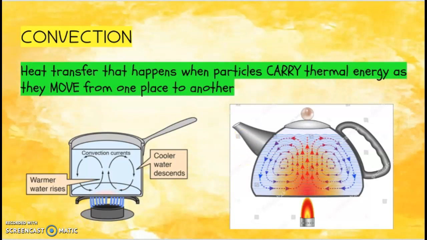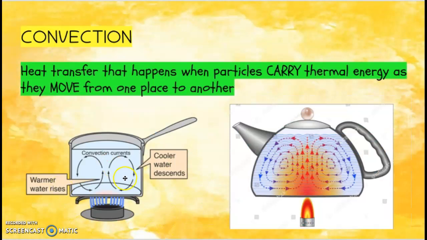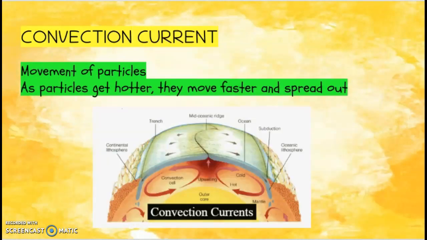So we can see this in liquids and gases. For example, if you look at a boiling pot of water, which is liquid, you can see that the warmer water will rise up, cooler water goes down, creating what we call a convection current, which is just a fancy way to say that the particles are moving and they spread out.